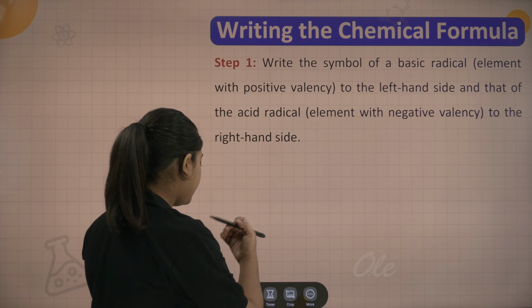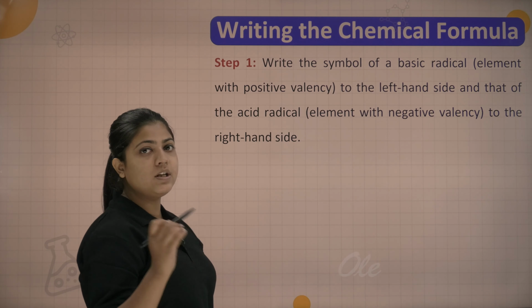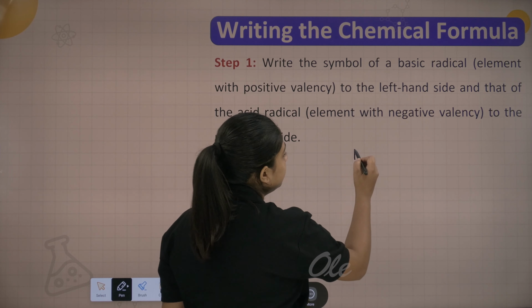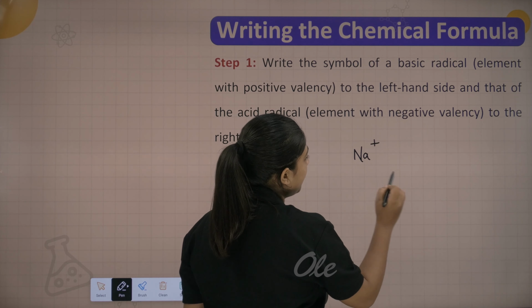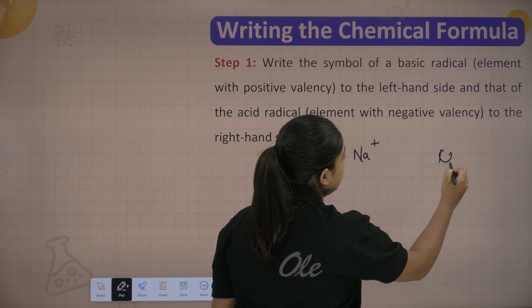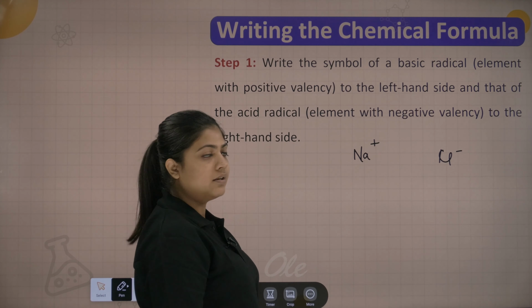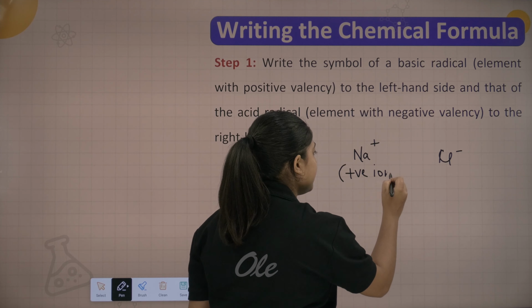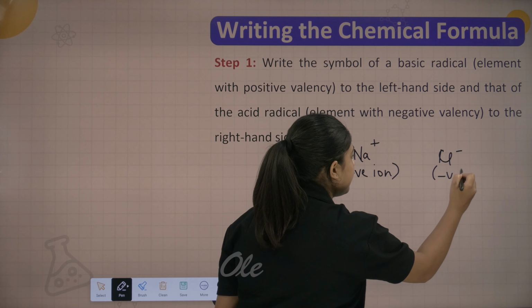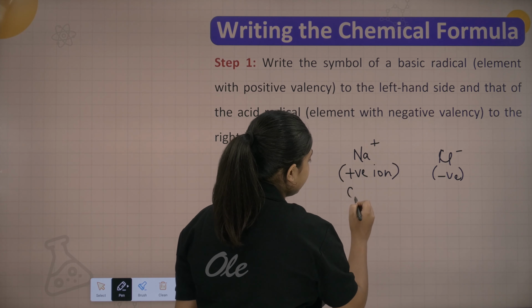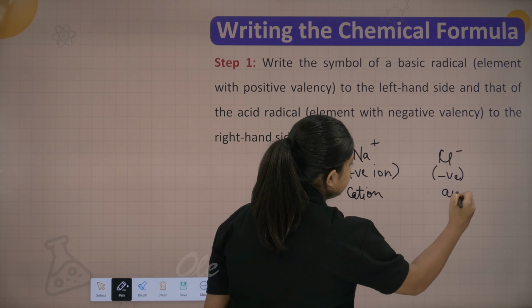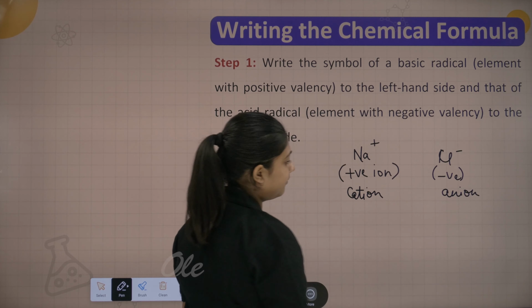In the previous session we have studied about the positive ions and the negative ions, right? We have studied that Na positive is a positive ion and Cl negative is a negative ion. This positive ion is also known as cation and this negative ion is also known as anion.